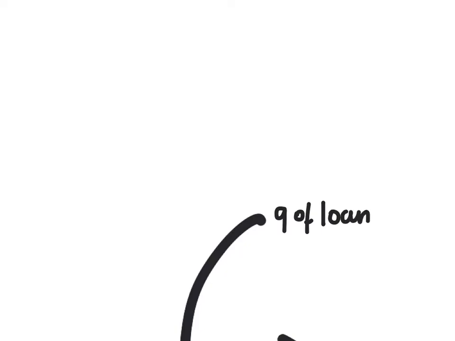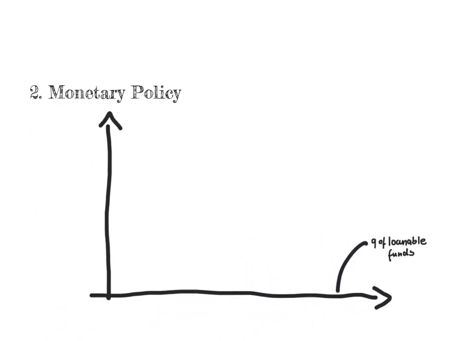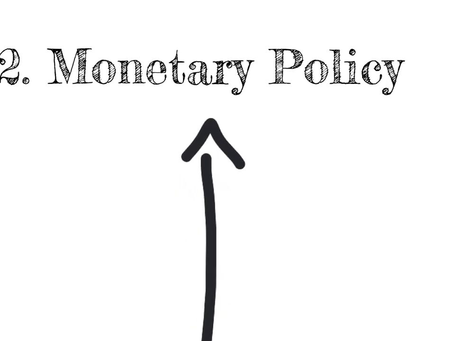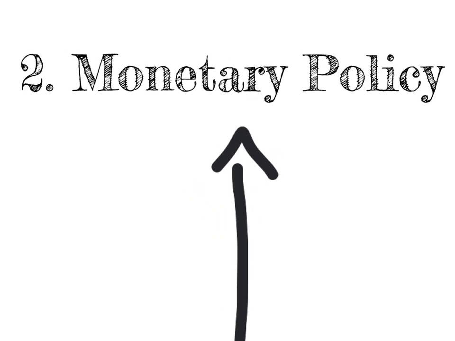And those are the funds that banks loan to each other so they can then make loans to their customers. Excess reserves, you might say. That's the Q. And the y-axis is the price for those funds that the banks loan to each other, which is the federal funds rate.